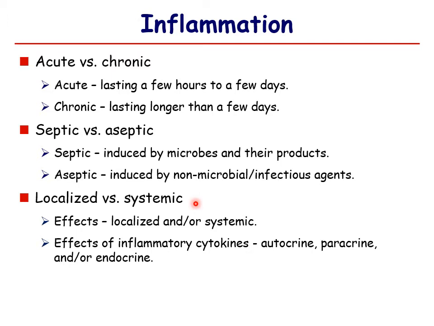Now, the effects of inflammation can also be localized or systemic, and the effects of inflammatory responses are mediated, most of the time, by inflammatory cytokines, which can have an effect in an autocrine, paracrine, or endocrine manner.